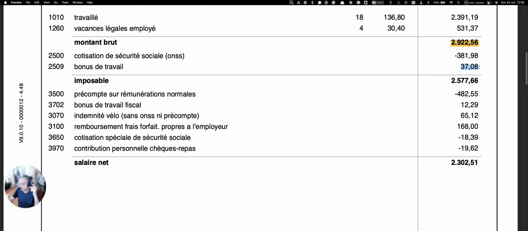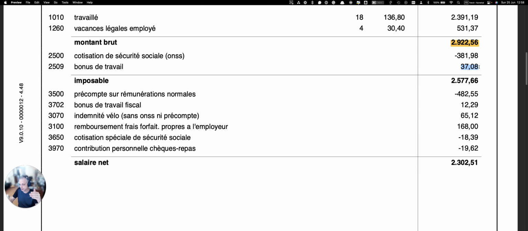So it's actually a deduction on the deduction. It's a deduction on the social security contribution. So that's why it's in positive and not in negative. It's usually quite a small number, and the more you are paid, the less likely this amount is going to be high.